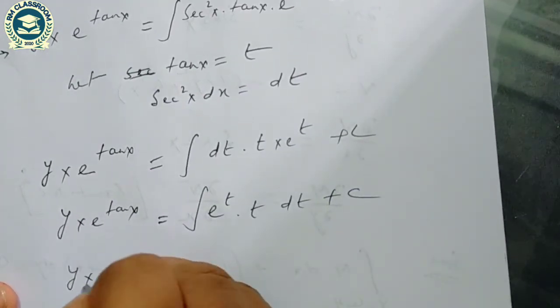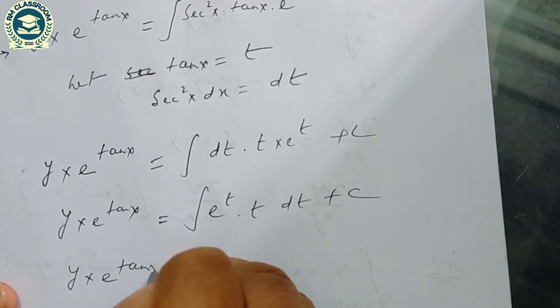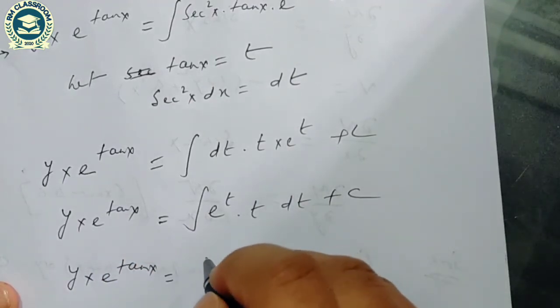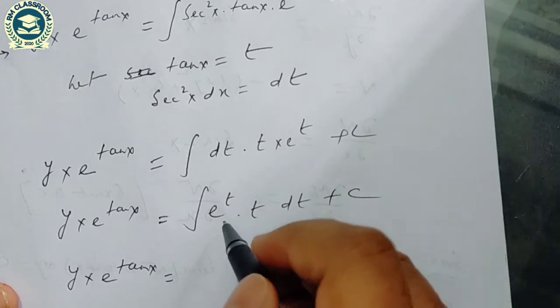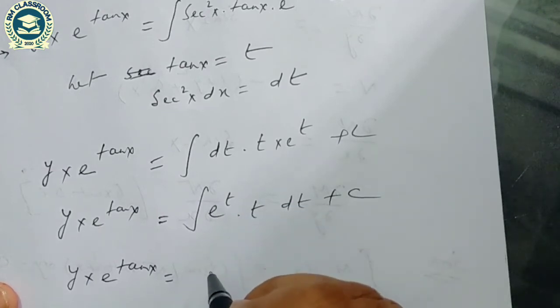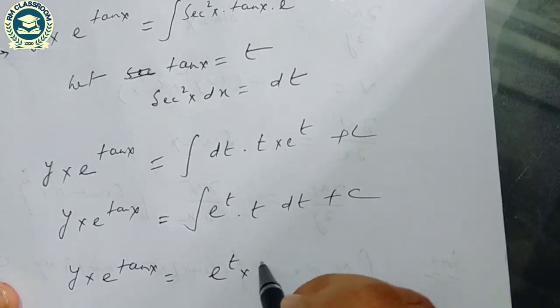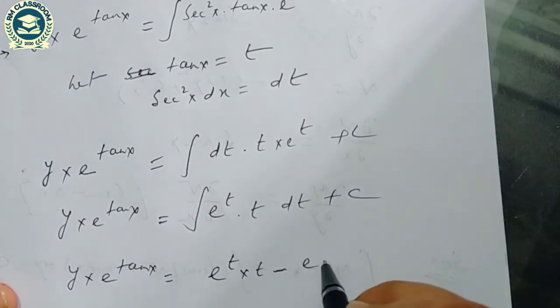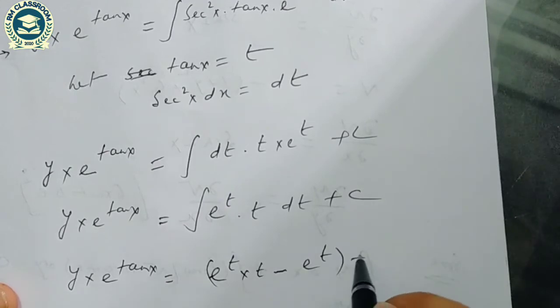So y times e to the power tan x is equal to, if I integrate this by parts, e to the power t into t minus e to the power t plus c.